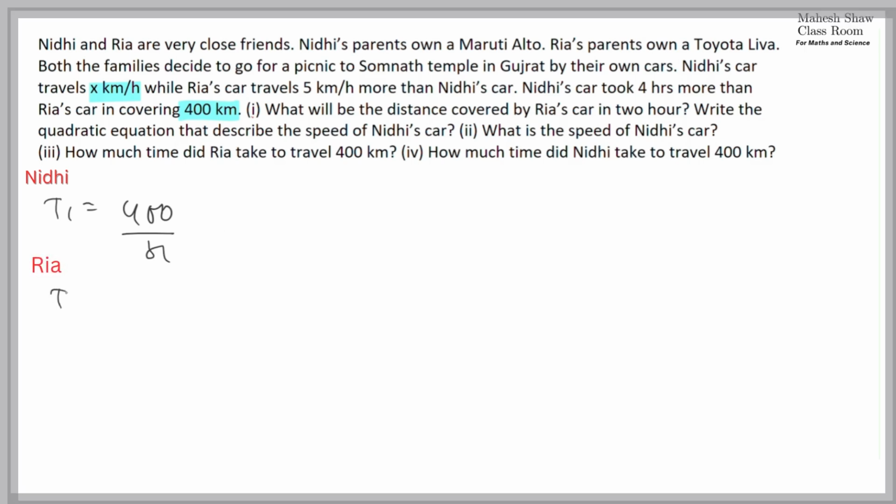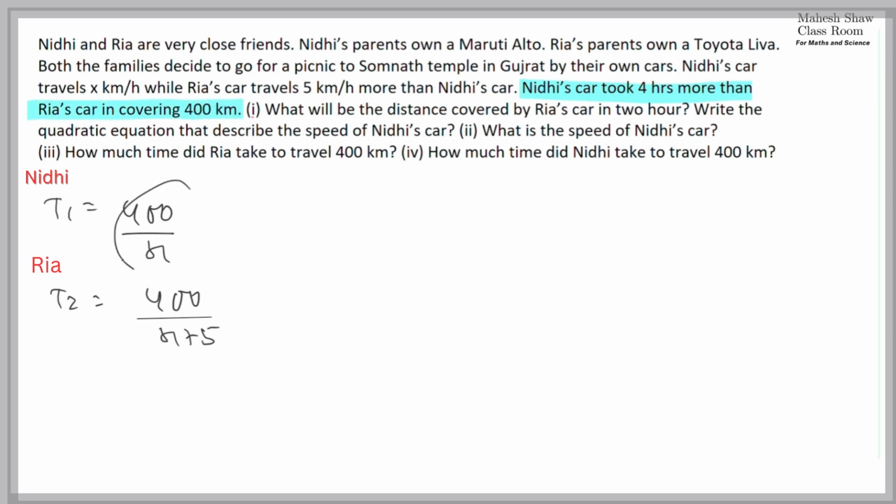Now, similarly for the other case, that is the other girl whose speed is 5 kilometer per hour more than Nidhi's car, and she is also traveling 400 kilometers. So the time in the second case will be 400 over x plus 5. Now further we can see that there is a difference of time given here, where Nidhi's car is taking 4 hours more than Ria's car for covering the same distance.